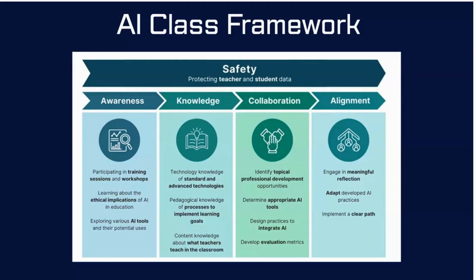We then envision AI projects in basically four main steps, starting with awareness. So at the awareness stage, everyone within your organization should have the opportunity to participate in trainings and workshops. Everybody should be familiar with the ethical implications of AI in education, and have the chance to explore various AI tools and their potential uses.